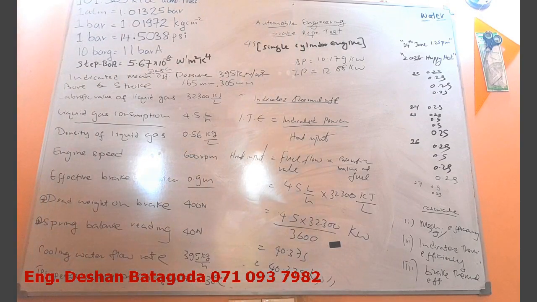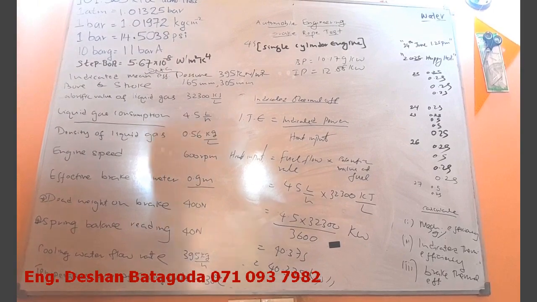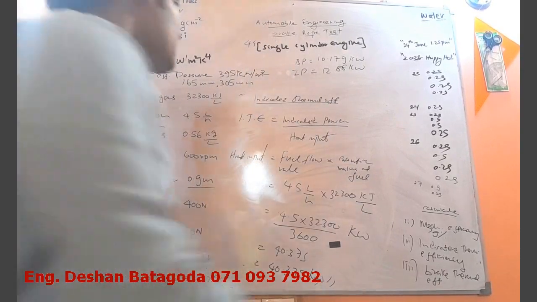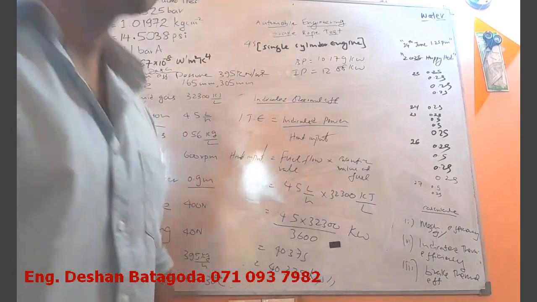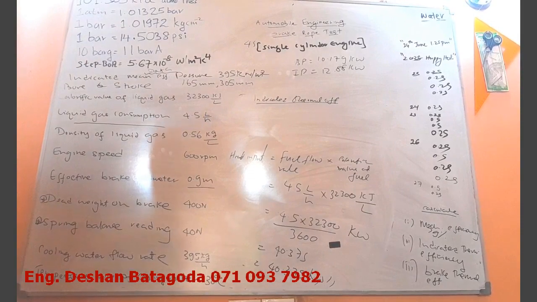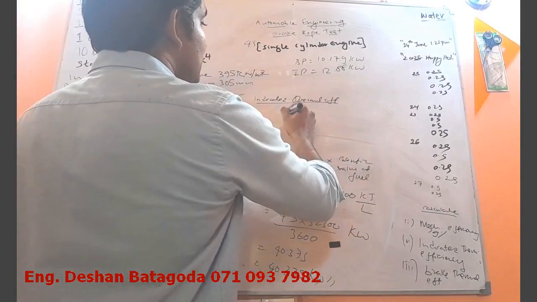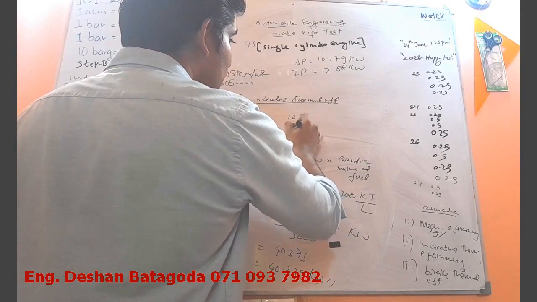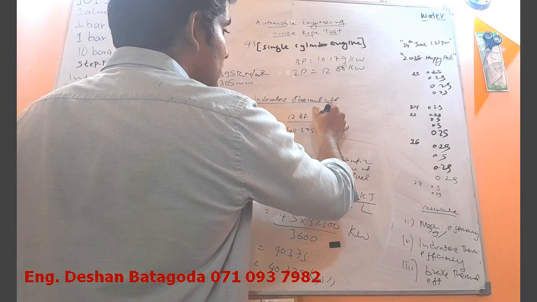So what is the indicated thermal efficiency? The indicated power is 12.88, divided by 40.375, multiplied by 100%.